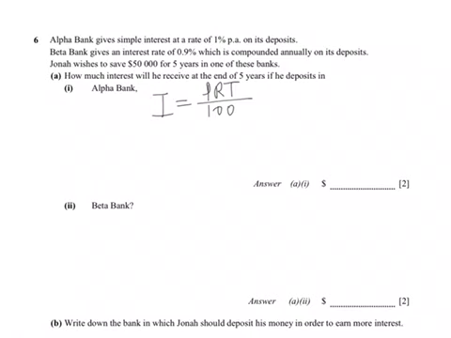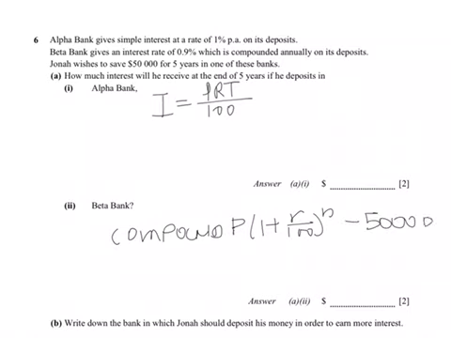So if you use the formula, remember the compound interest consists of the total amount. Let me write this down. The formula will be P(1 + R/100)^n, and you have to subtract it from the total amount, and this will give you the interest earned, because this one is the total amount which consists of the interest with the principal.